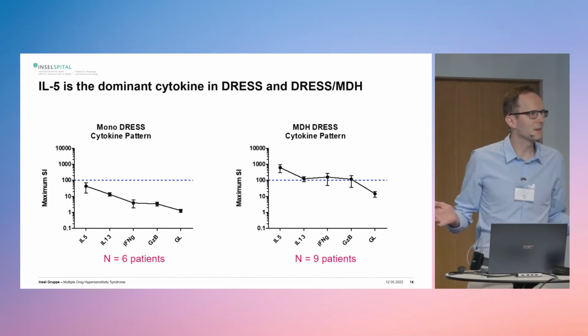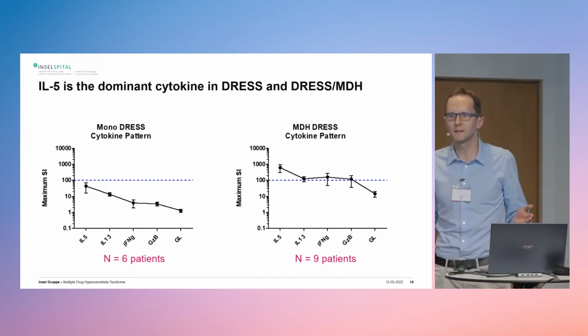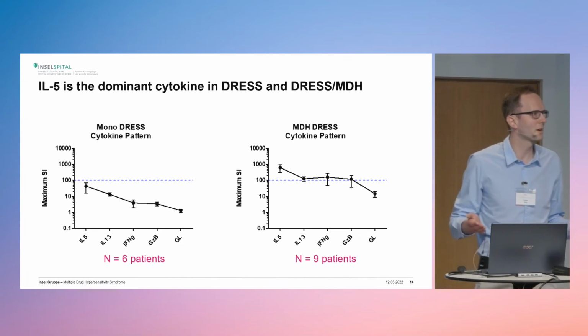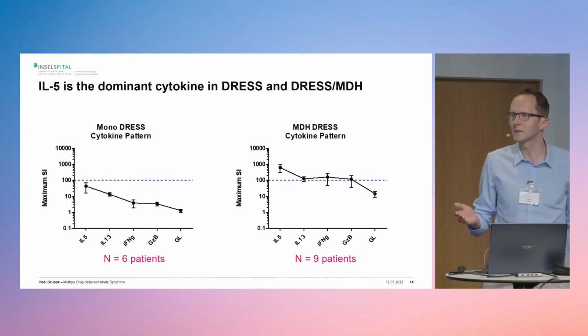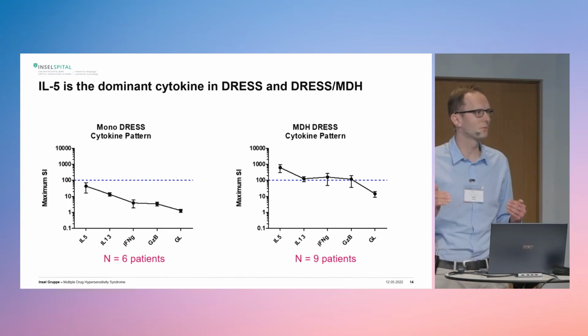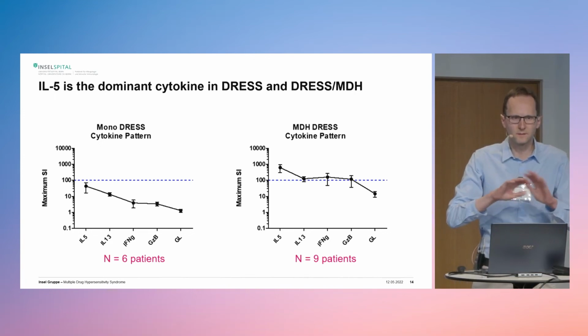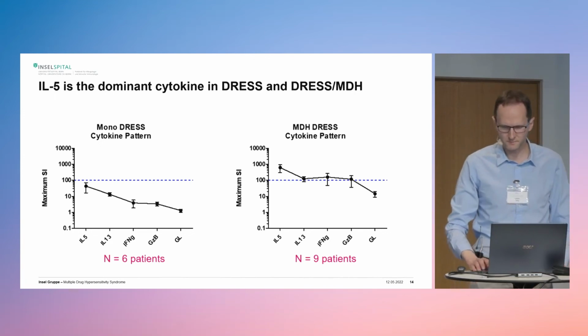We do not know the significance of these data, but it could be a risk factor or a risk marker in the future, that you could tell that patients with a high stimulation index in LTT are prone to further reactions, and that these patients should avoid all unnecessary drugs.